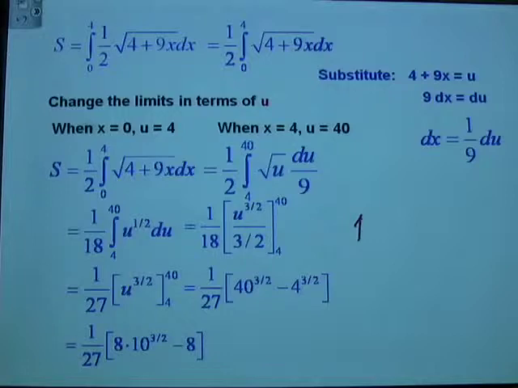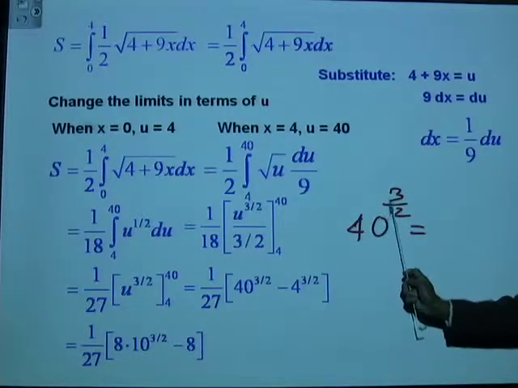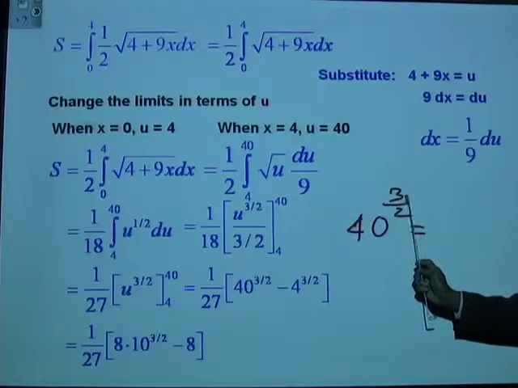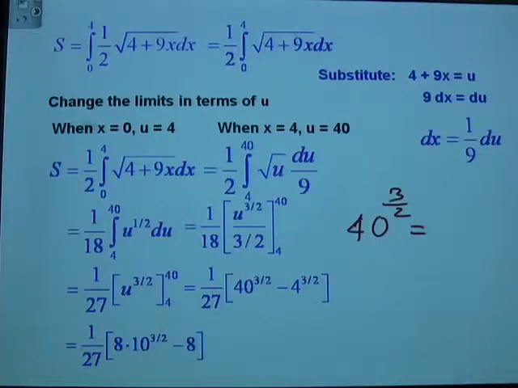I'm going to simplify 40 raised to the power of 3 over 2. Remember, when you raise a quantity to the power 3 over 2, it is raised to the power of 3 times 1/2. A power 1/2 is a square root. So this can be written as square root of 40 raised to the power of 3.